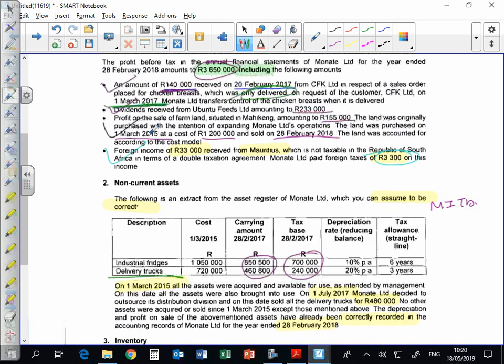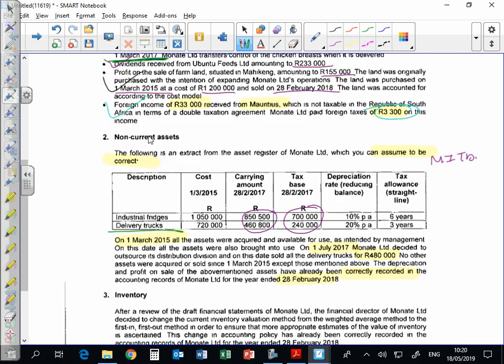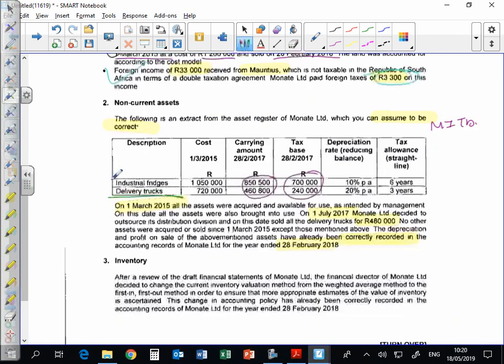Let's see if they gave us that. They didn't give us anything. They are depreciated on the reducing balance method. In terms of industrial fridges, nothing has been bought, nothing has been sold, so we're only working with what we had at the beginning, minus depreciation for carrying amount purposes, minus wear and tear for tax purposes. Everyone's happy with that?